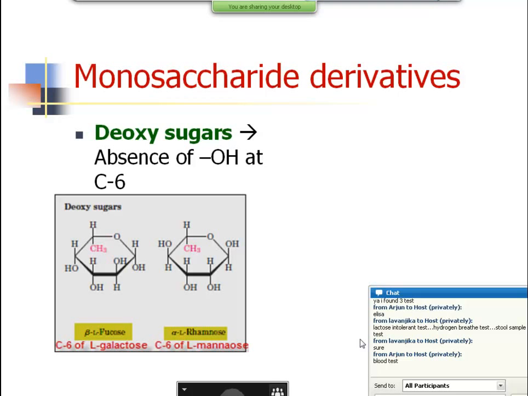By the time Lavanjika is elaborating, I want one of you to tell me how starch is getting digested. Amylase enzyme. Step by step, tell me what happens as soon as you have taken potato into your food. Early morning tiffin, you have potato. What has happened to that potato?